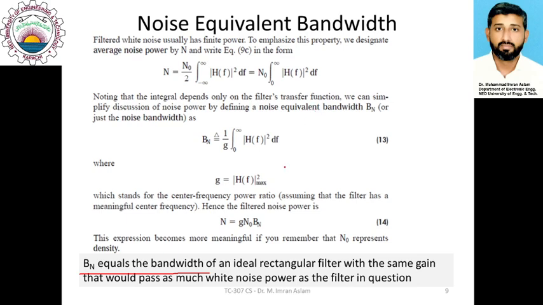Noise equivalent bandwidth is used in the calculation of noise because it facilitates us to represent any arbitrary filter by a rectangular filter, which makes our calculation easier and more mathematically tractable.